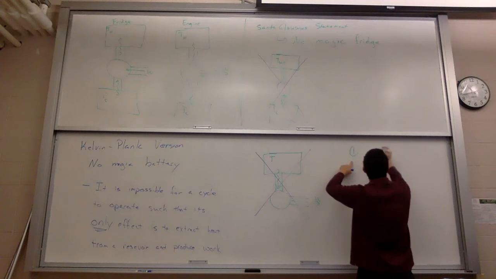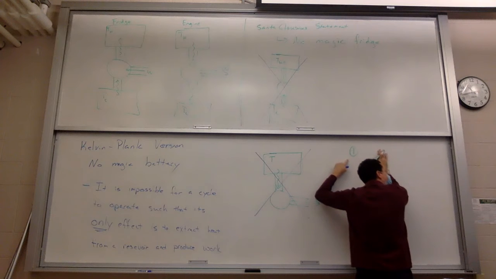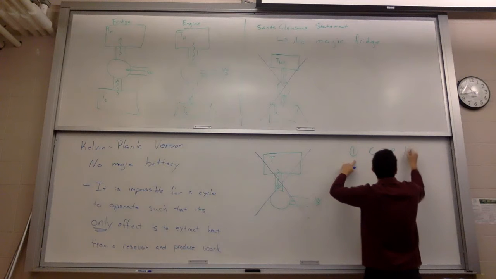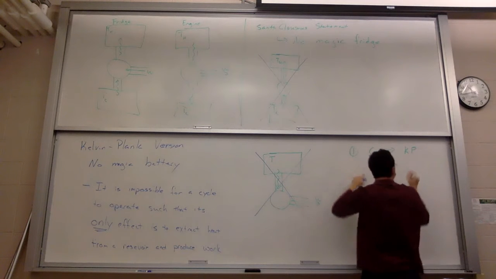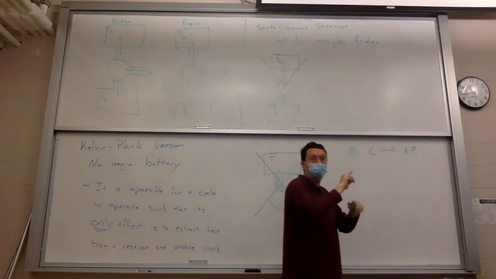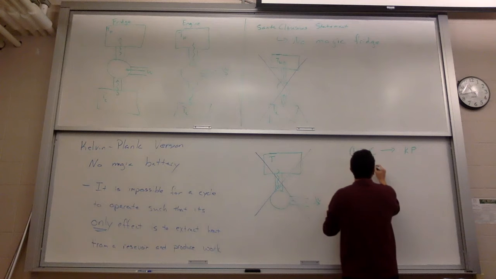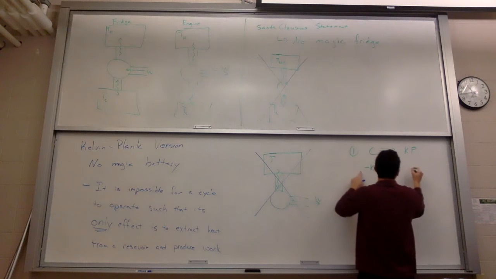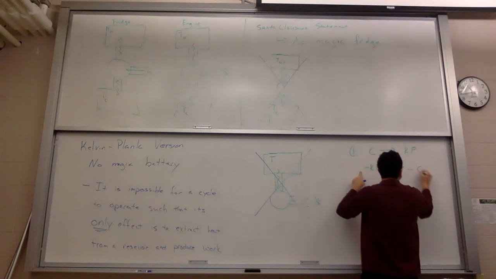prove, what we want to prove is that Clausius implies Kelvin-Planck. What you're actually going to prove in reality is that the opposite of Kelvin-Planck implies the opposite of Clausius.